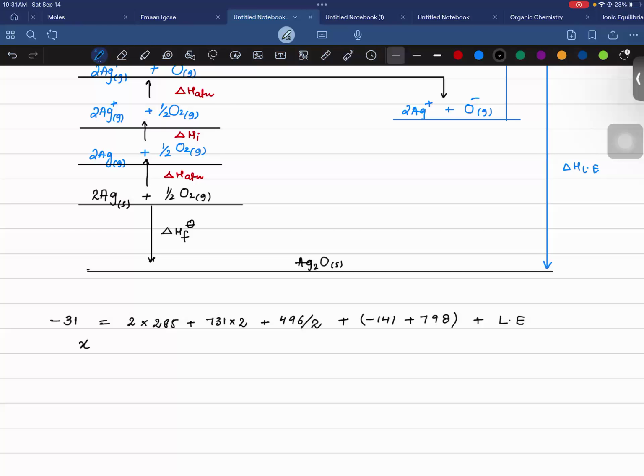Yes, now you can calculate this. What's the answer?